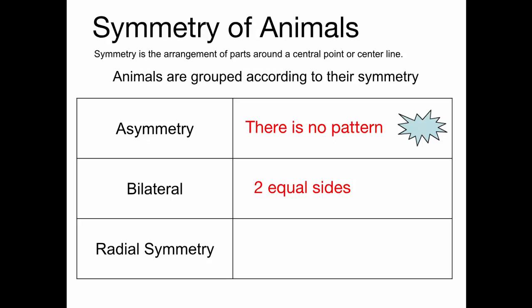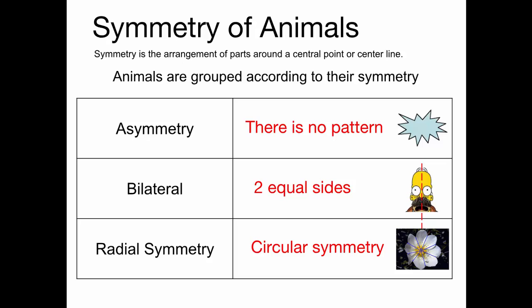We have bilateral symmetry. If you could draw a line down the center of the organism and split it into two equal sides, and that's the only line you can draw splitting it into equal parts, then it's bilateral symmetry. So what would radial symmetry be? Yeah, there's multiple lines that will split it into equal parts. It's organized in a circular pattern, like spokes on a wheel.